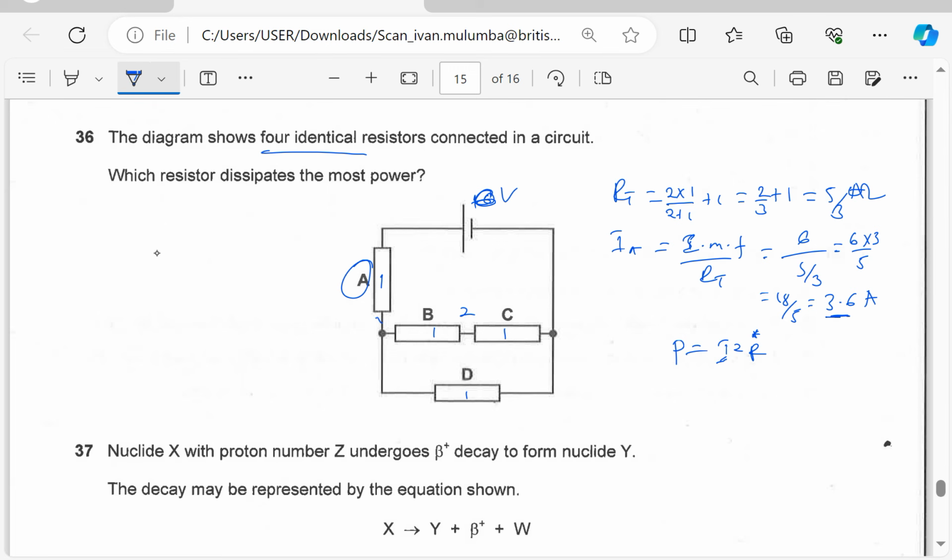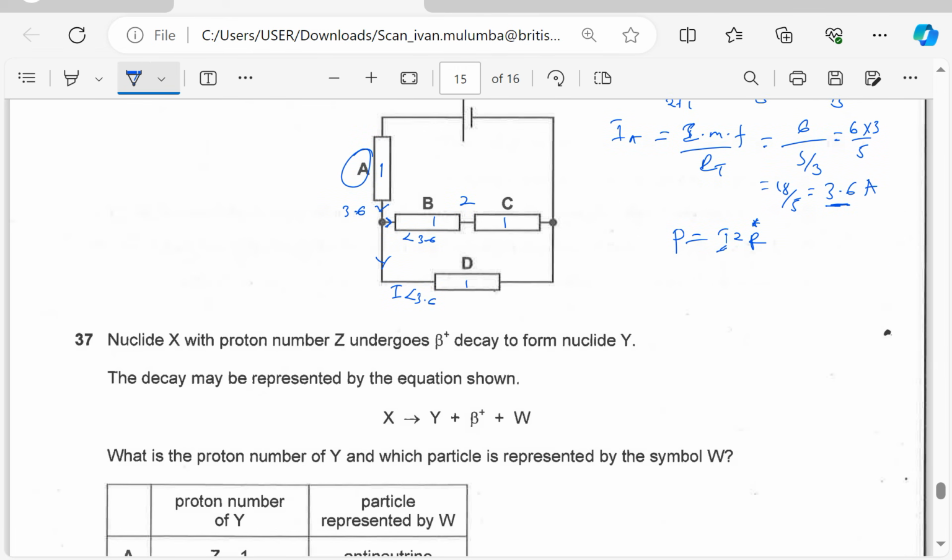Because when the 3.6 reaches here, it divides. So the current here is less than 3.6. The current here is also less than 3.6. And remember, power dissipated is I squared times R. So the power in the rest is going to be less compared to the power in A. So the answer is automatically A.